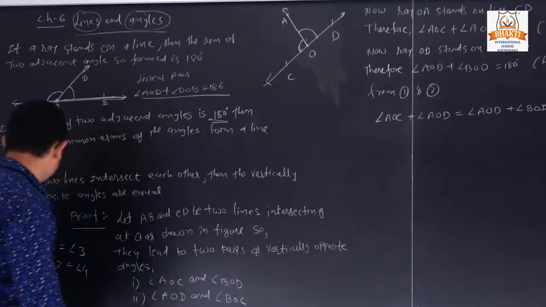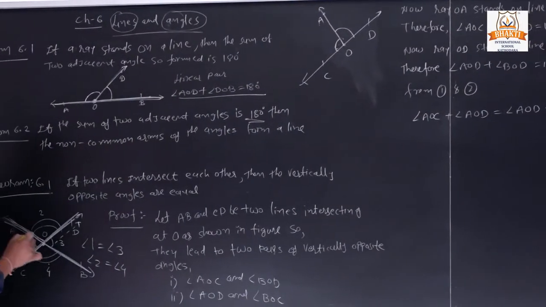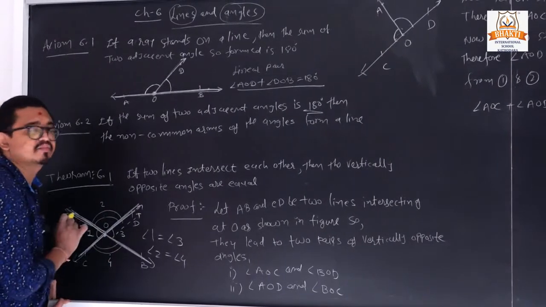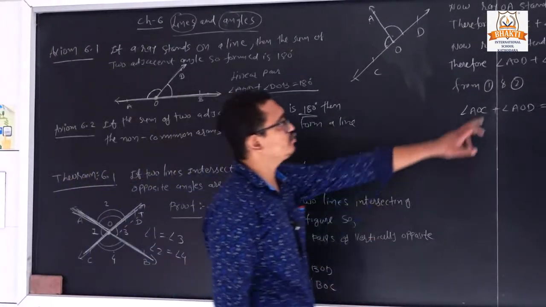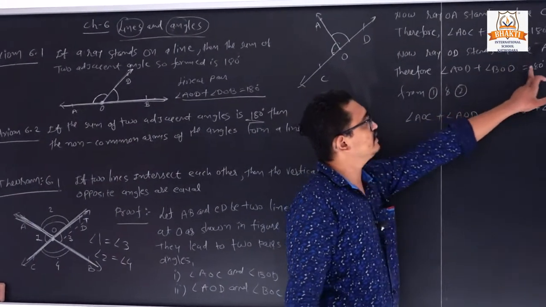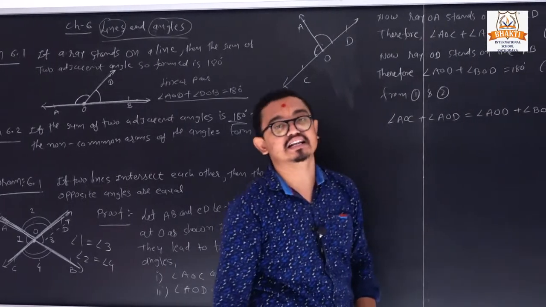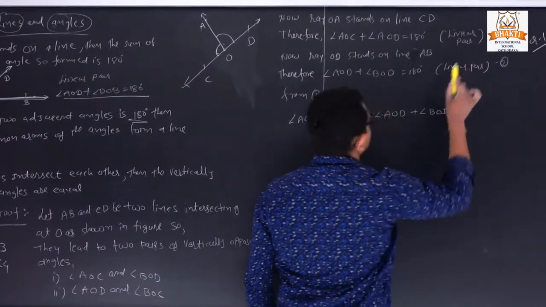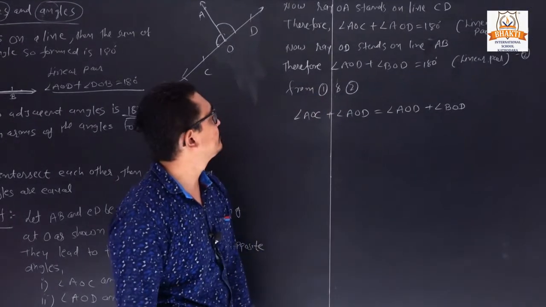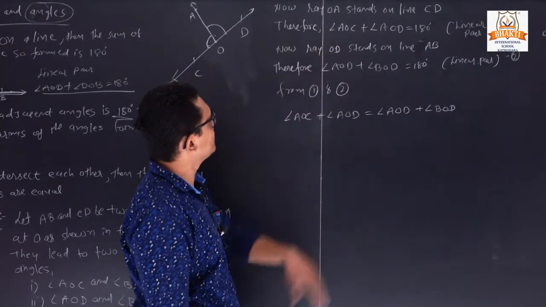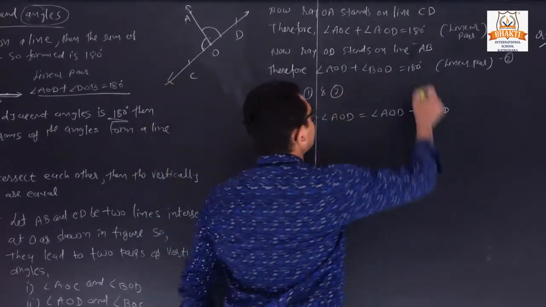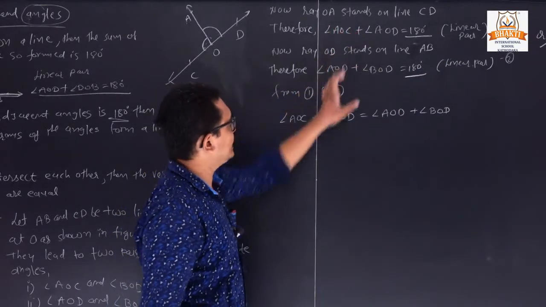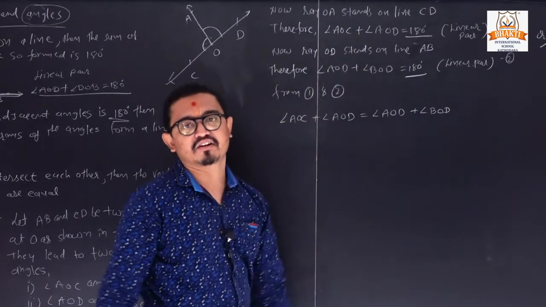So once again we have the two angles AOD and BOD, and the sum of these both will be 180 degrees according to the linear pair. We can call it result number 1 and result number 2. From 1 and 2 we can see that the right hand sides are equal, 180 and 180. So the left hand sides are automatically equal.